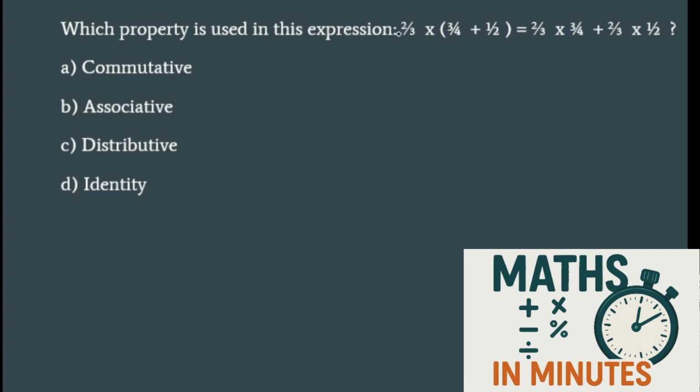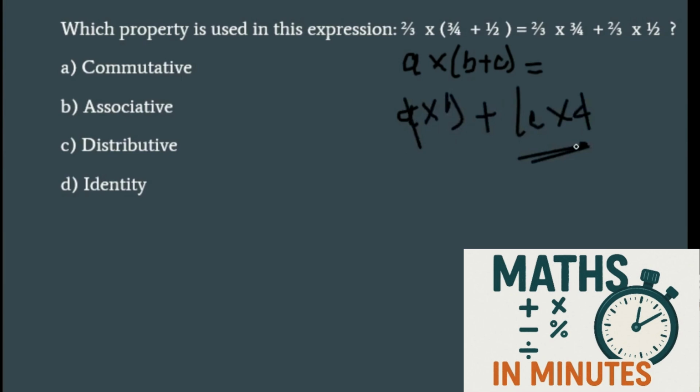So see guys, this is A into B plus C, and that we know is equal to A into B plus A into C, right? So this is distributive property that says A into B plus A into C, right everyone?